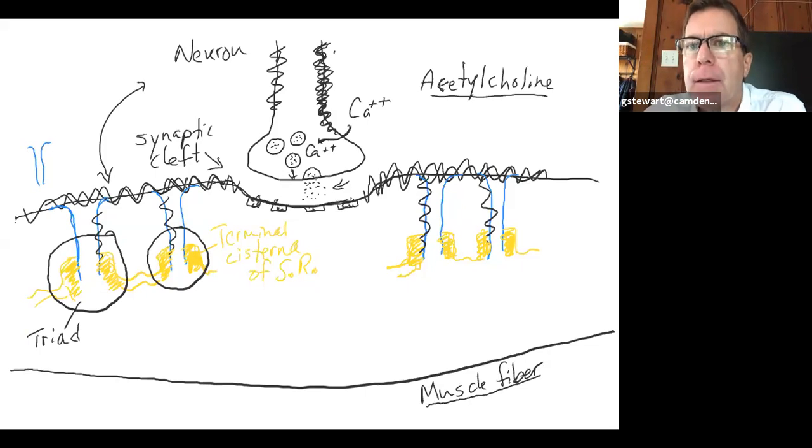So when this electrical impulse travels down the T tubule and gets to the triad area, it causes calcium ions to be released from the terminal cisternae of the sarcoplasmic reticulum. And calcium ions then flood the interior of the cell.